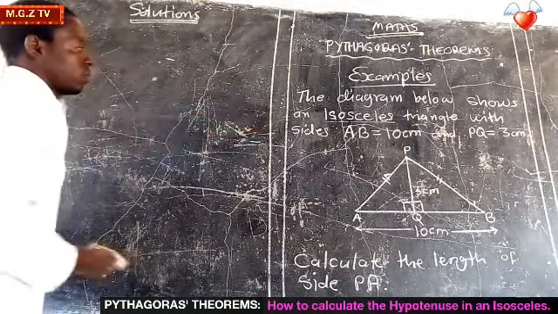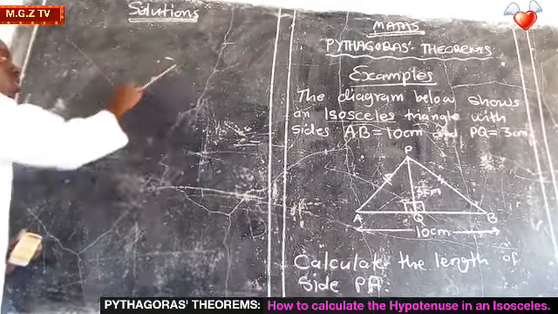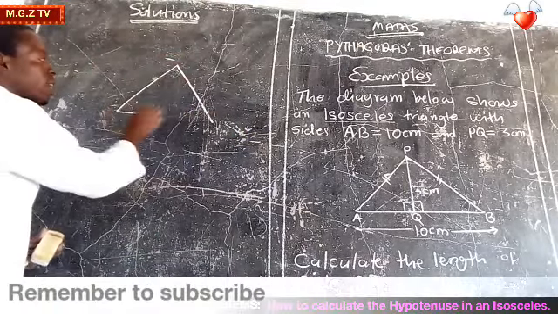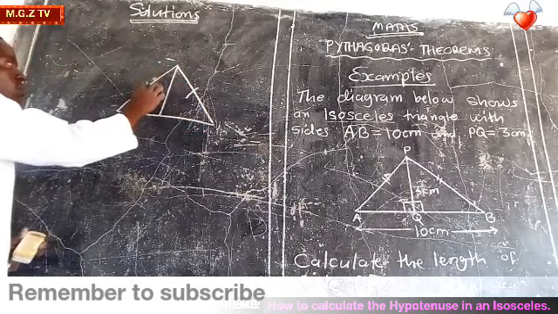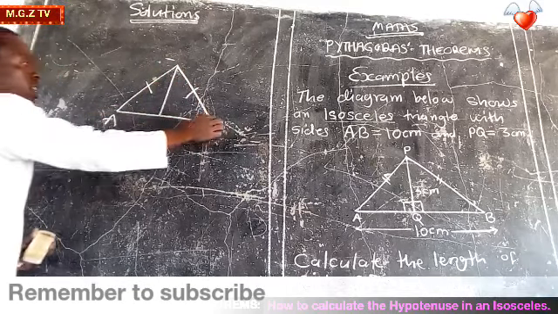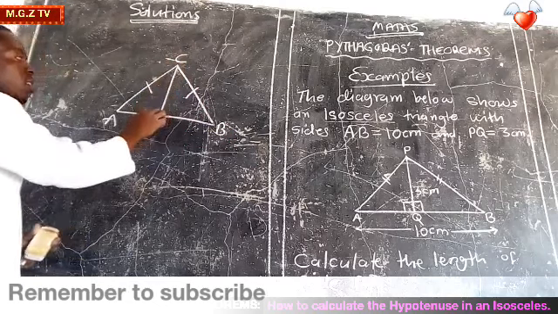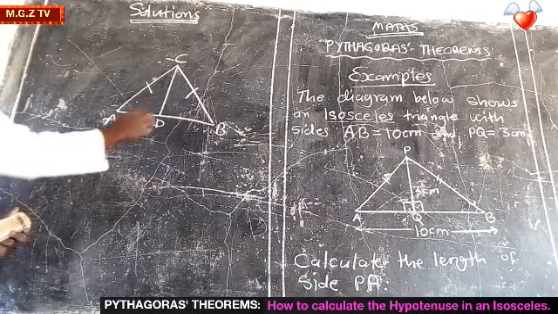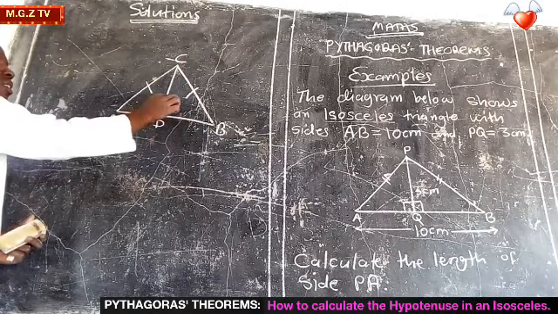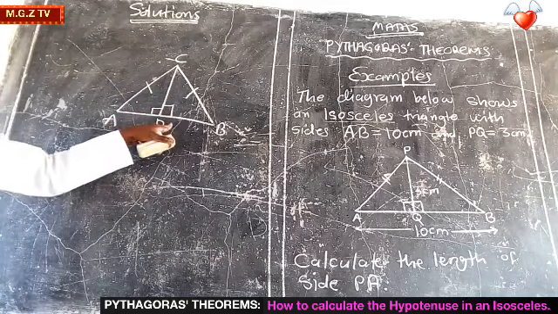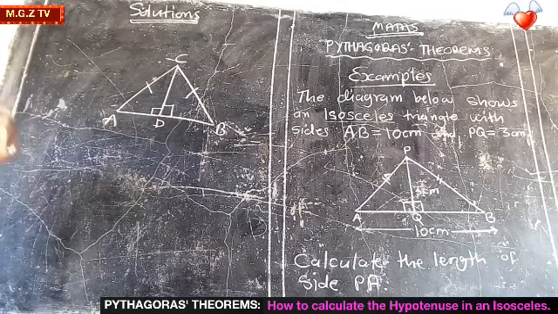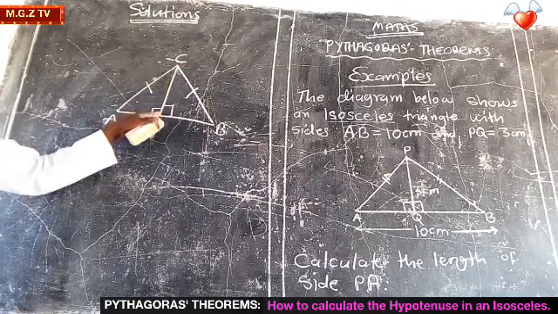These are the steps. When you have an isosceles triangle, side A, B, C, and D somewhere there, and then you are able to see the symbols for 90 degrees. What you do is first cut it in between.